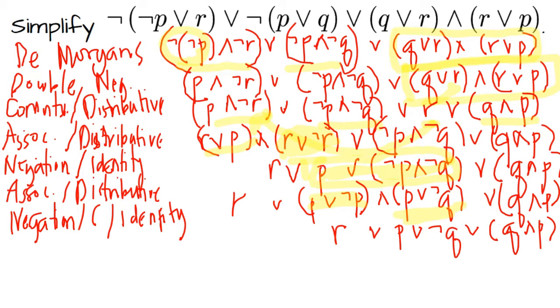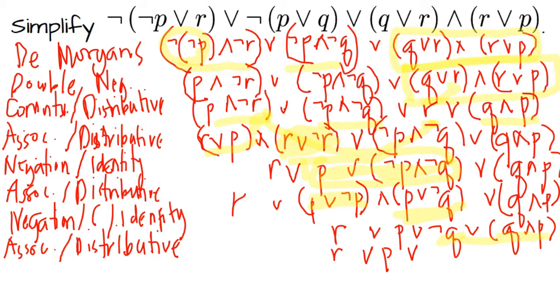So down to our last stretch, we will try again associative, so association and distributive. So it's just a series of associative, distributive. So we will have R or P, or in this case we are distributing the not of Q to this term.